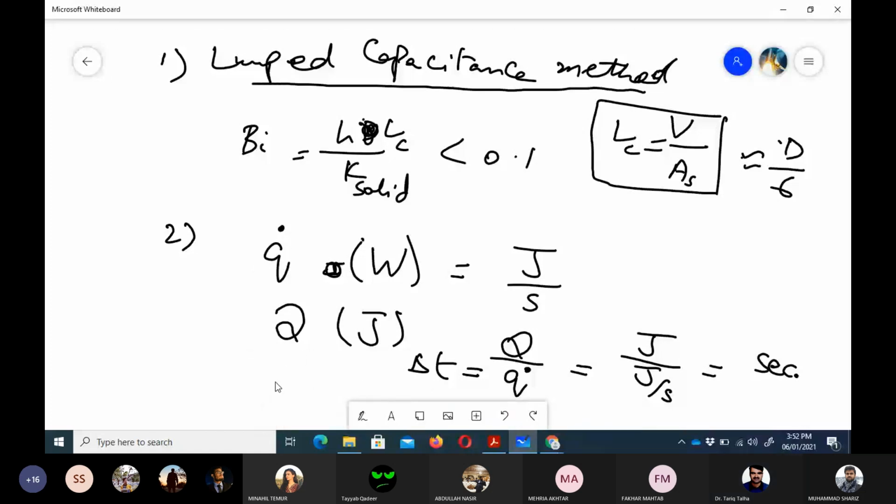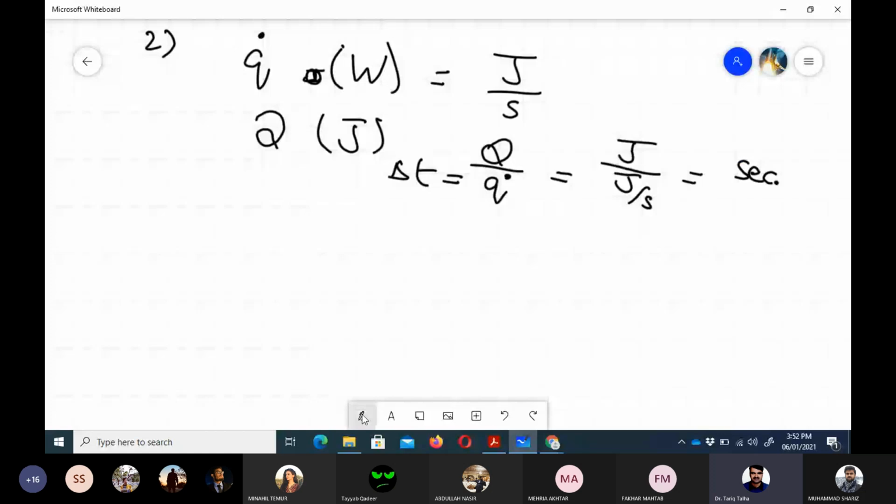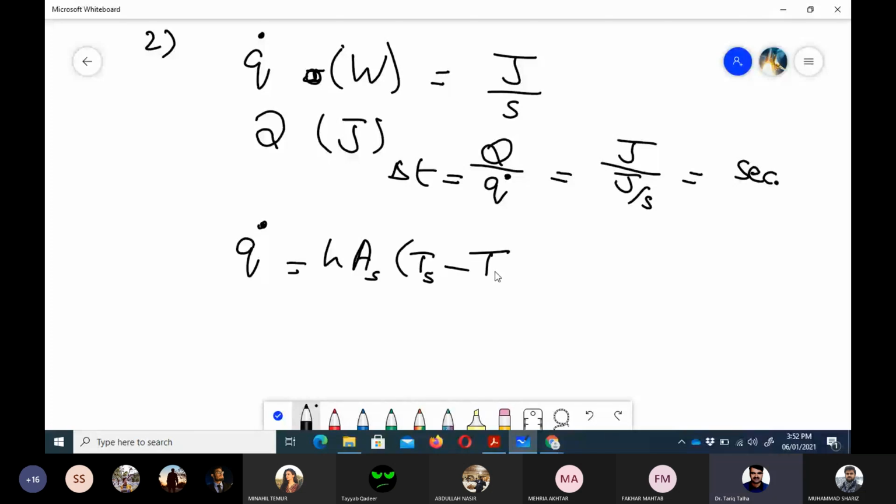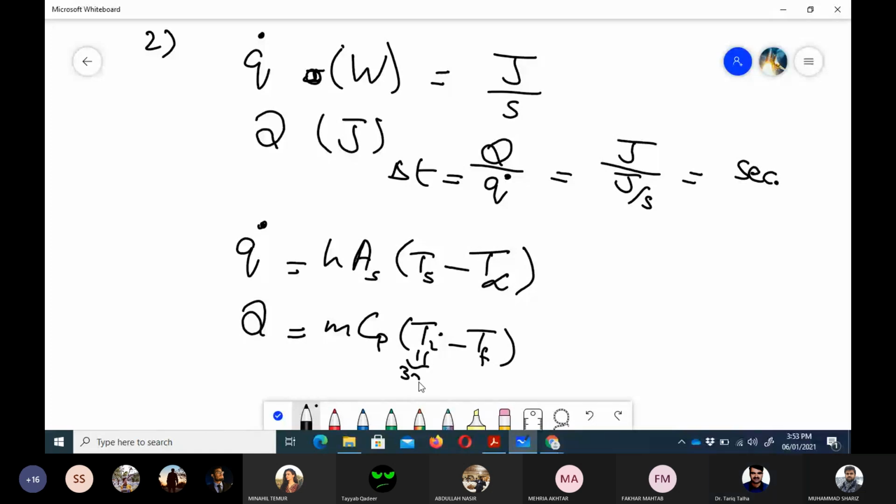Now, to calculate Q dot, it would be equal to h into As into Ts minus T infinity. And for the calculation of Q, we can do m into Cp into T initial minus T final, because T initial here is 300 and T final is 200. This is the way we can do it.